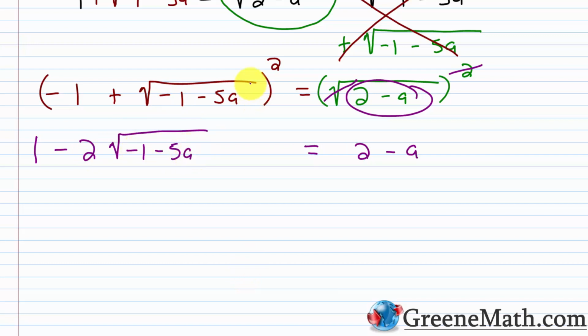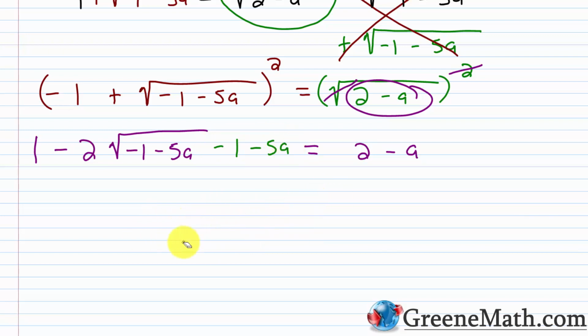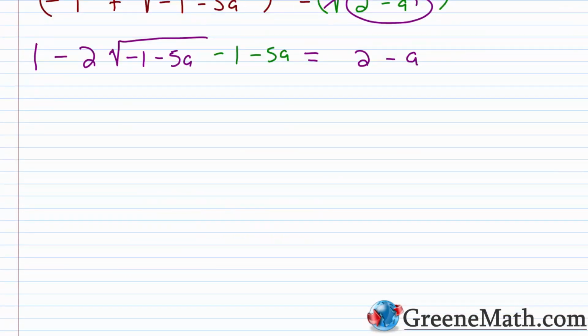Then the last thing is I want this guy squared. Well, if I squared the square root of -1 minus 5a, we again know that this would cancel with this, and I'd be left with this. So I'd have -1 minus 5a. All right, so now that that's worked out, what I want to do at this point is simplify.